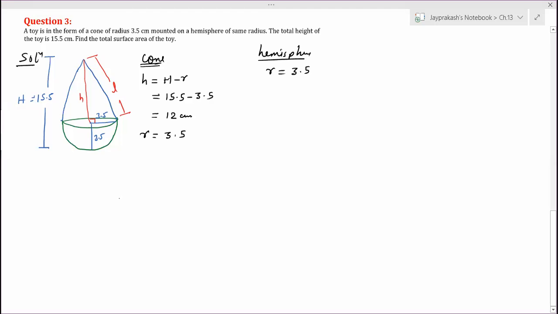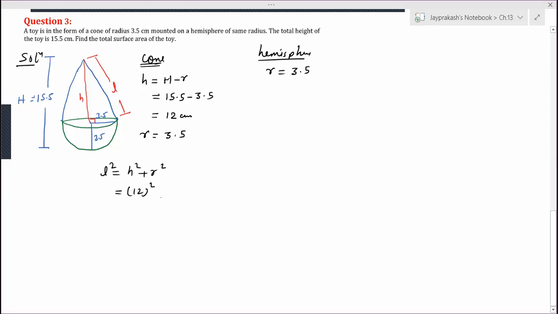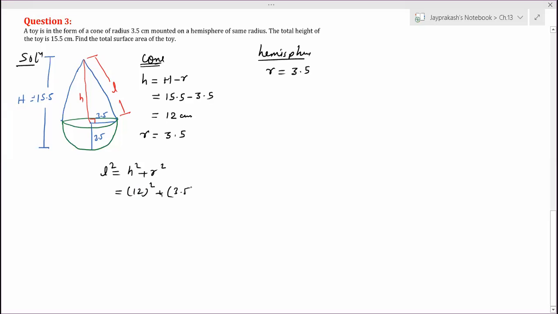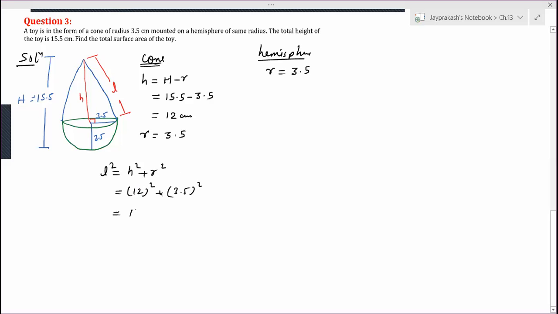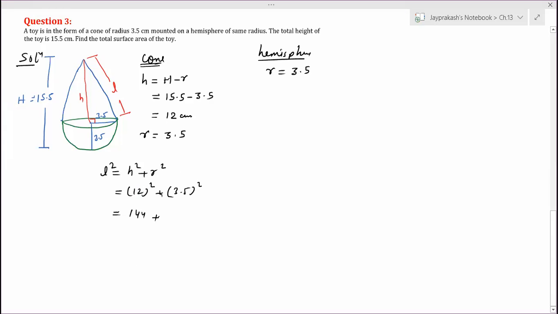The relation between slant height, radius and height is L square equals h square plus r square. So it's 144 plus 3.5 square is 12.25.